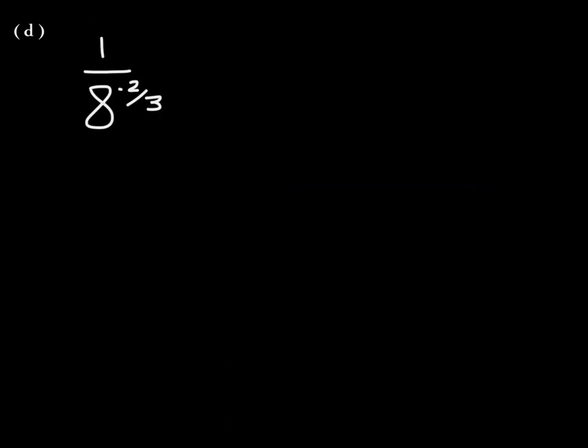All right. We have 1 over 8 to the negative 2/3. Now, the negative is on an expression that's already in the denominator. So then what this negative does is reciprocate this expression. So instead of 1 over 8, it becomes 8, right? So just 8 raised to the power of positive 2/3.